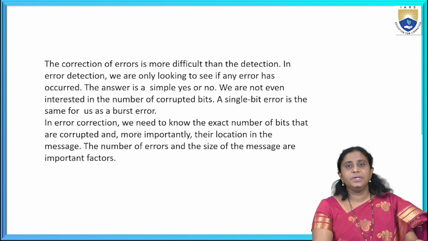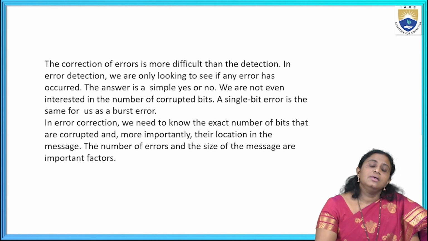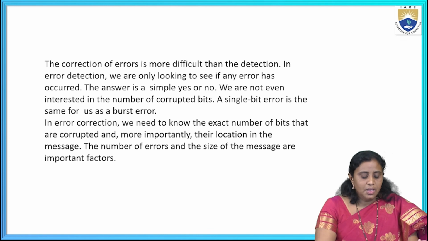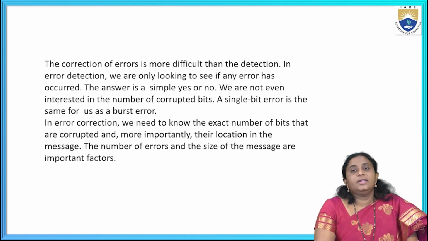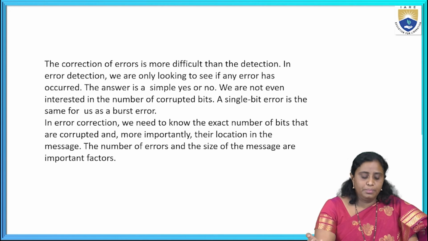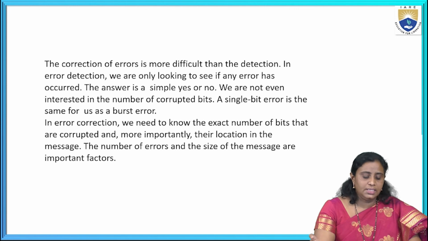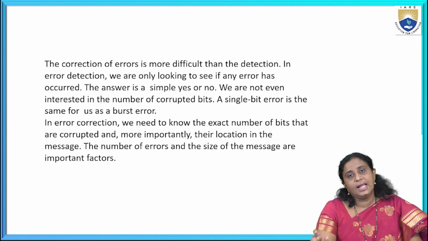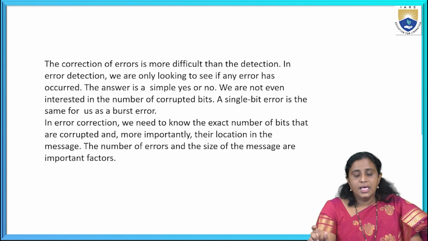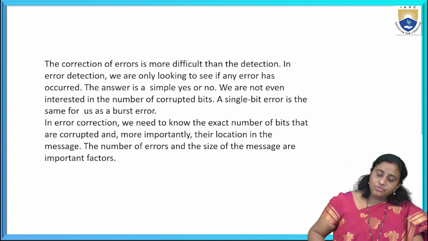A single-bit error is the same for us as a burst error. In error correction, we need to know the exact number of bits that are corrupted and, more importantly, their location in the message. The number of errors and the size of the messages are important factors.